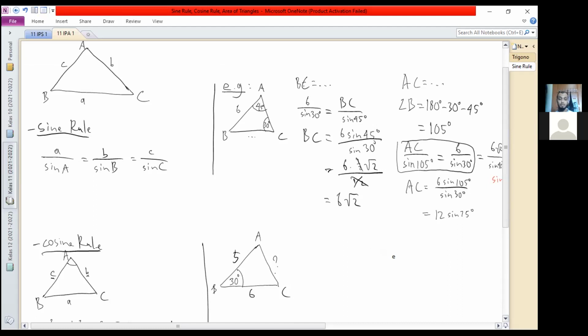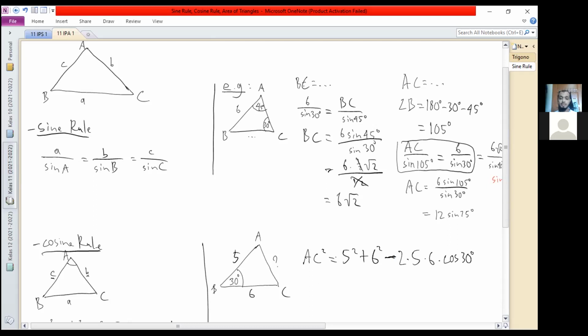Just by using AC squared equals, the first part is just like the Pythagorean formula, so 5 squared plus 6 squared. And then we subtract 2 times 5 times 6 times the cosine of the angle between these two sides, cosine of 30 degrees.